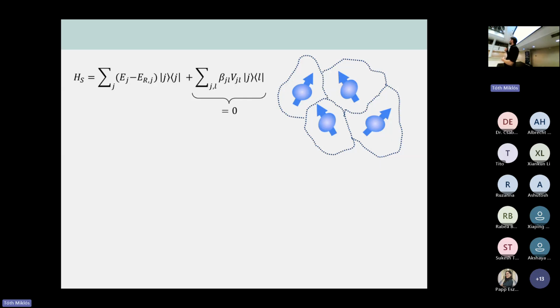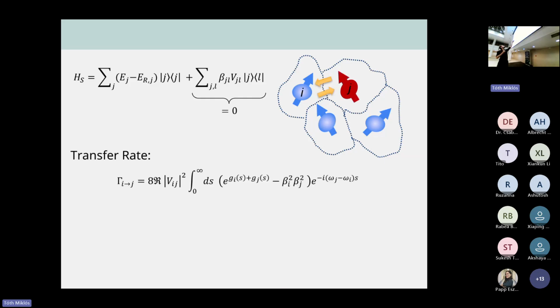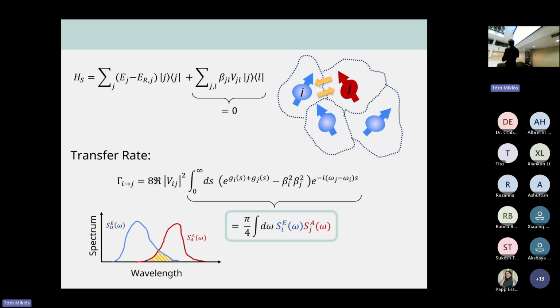Then I can calculate the transfer rates between these individual sites, and I get an expression out of this. If I massage this expression a little bit, I will find that this is exactly the limit in which you have a resonant transfer. So this is effectively the spectral overlap between the emission spectrum of your donor and the absorption spectrum of your acceptor. So this is the FRET limit, and you very conveniently get it out of this polaron master equation.